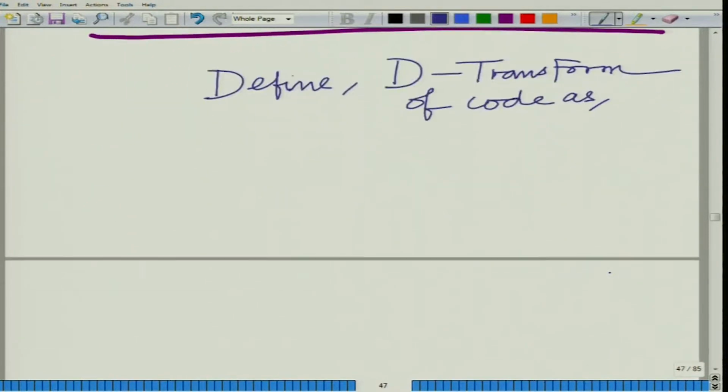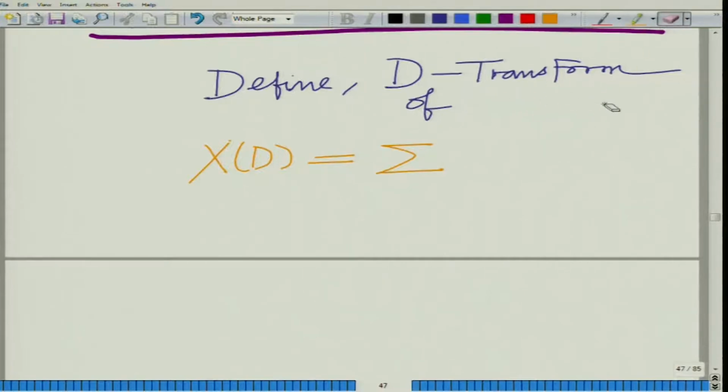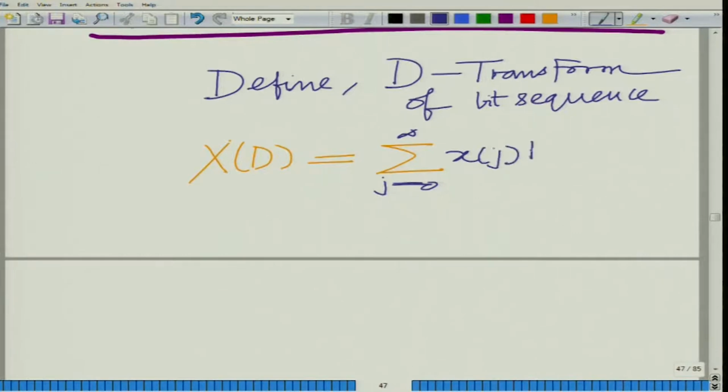We define the D transform of the information bit sequence as x of D equals the sum over j equal to 0 to infinity of x of j D to the power of j.